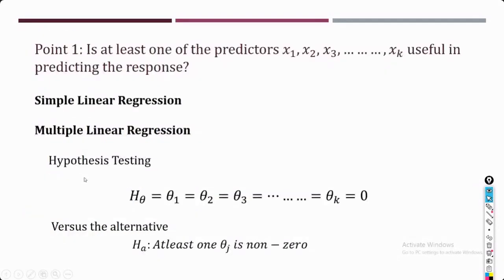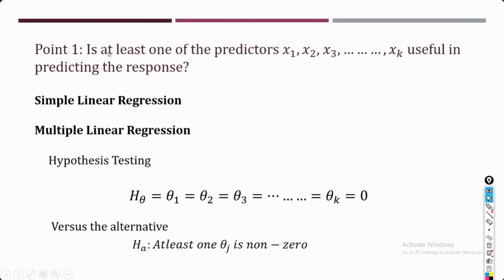In simple linear regression we have only one feature, so we do not need to worry about that. But in multiple linear regression we are going to have multiple features, that means k features. If we want to test how one particular feature works, we can fix the rest of the thetas equal to 0, because any adjustment we want to do, we do with respect to theta only.